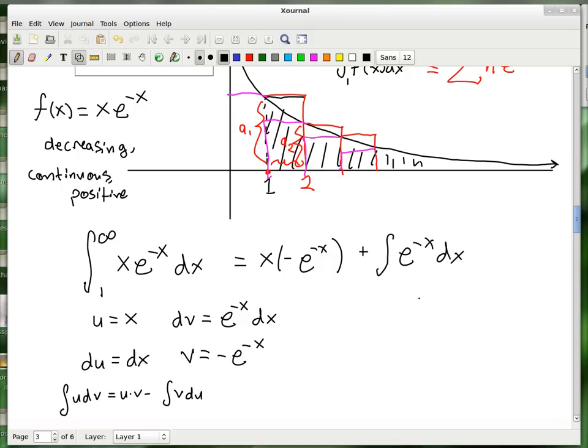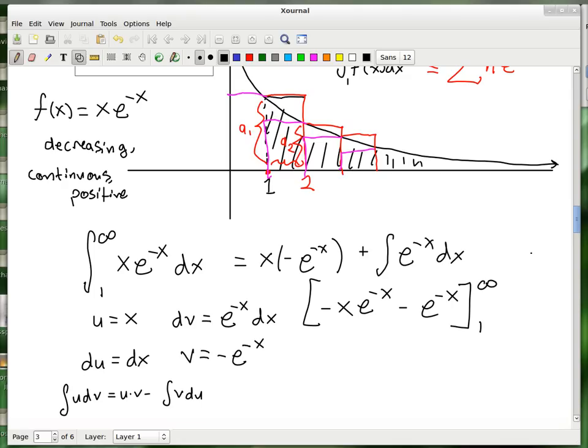Okay, and I've lost my limits here, but let's just go ahead and take the indefinite integral, and then I'll put the limits back in at the end. So what's going on here, I've got minus x times e to the minus x minus e to the minus x. And then I would say plus c.